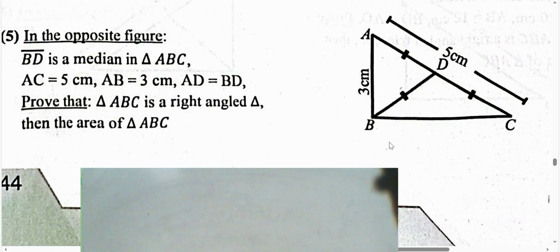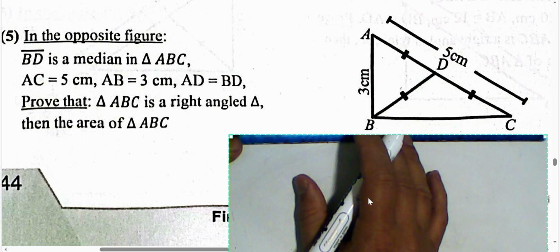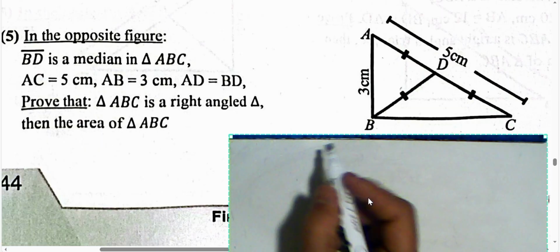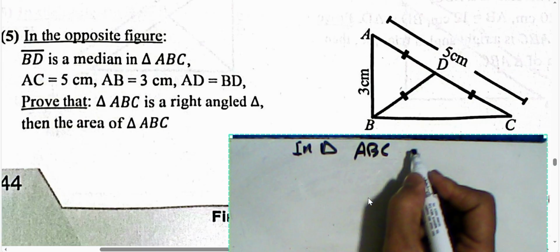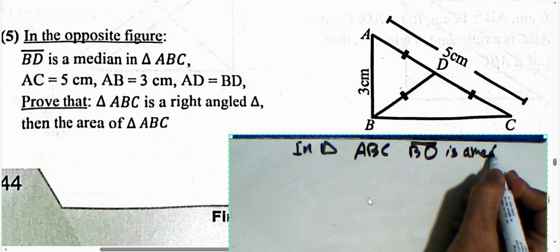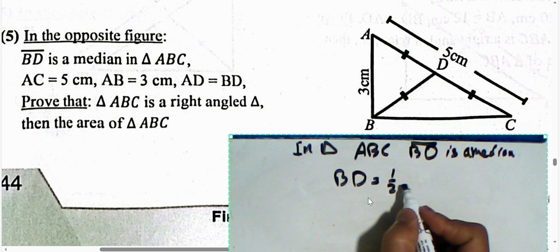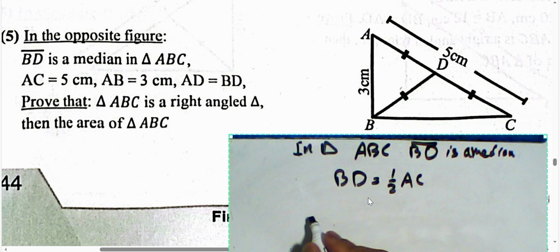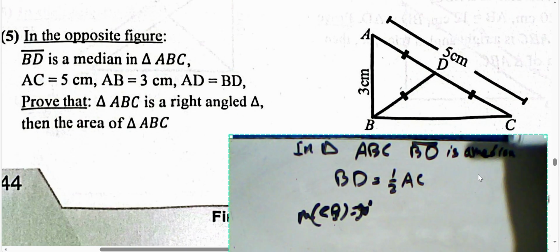Now we have a triangle here. Prove that this triangle is right-angled first, to find the area. Okay, first step, we have here BD is the median in this triangle, such that in triangle ABC BD is the median, and also the length of BD equals half the length of the opposite side AC, which is opposite angle B. By the inverse of the theorem, the measure of angle B equals 90 degrees.